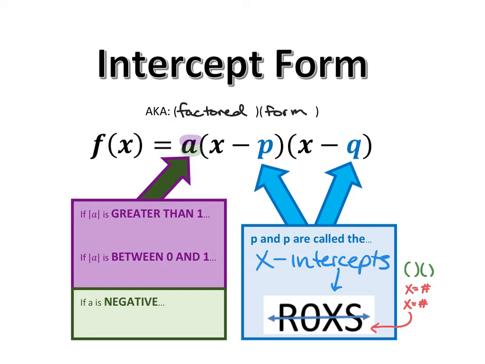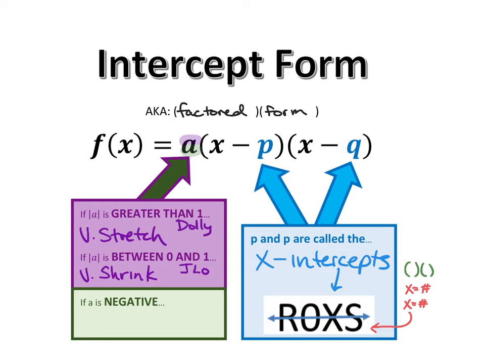Now this only tells me about the stretches, shrinks, and reflections, because remember, if the absolute value of a is greater than 1, meaning that this is a Dolly Parton fraction, okay, so like any number bigger than 1 is a Dolly Parton, that this is going to be a vertical stretch, and that if a is anything between 0 and 1, the absolute value, meaning it's a J-Lo fraction, that it's going to be a vertical shrink or compression. Now that's not as important as the next little piece.